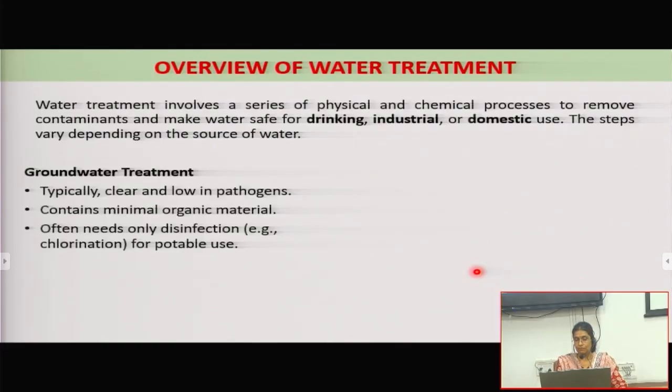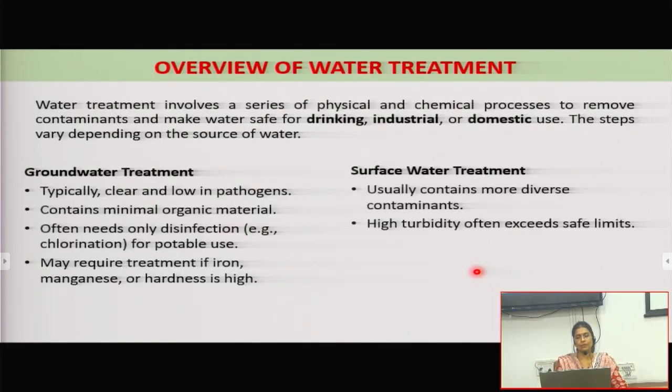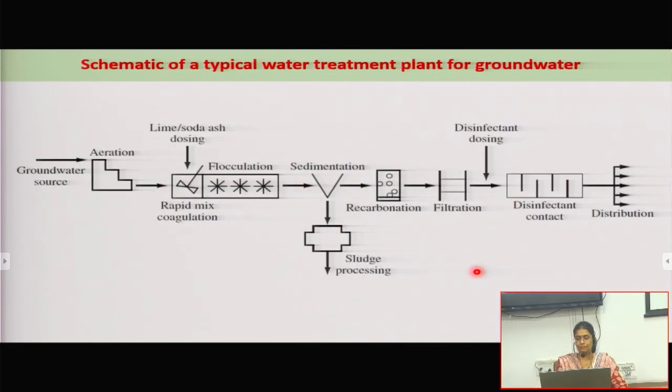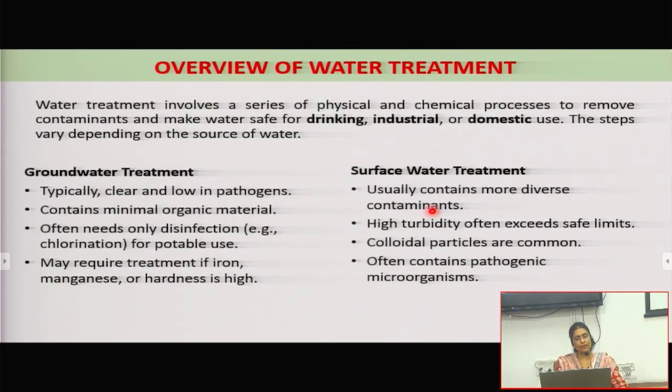The nature of water, if you see for both groundwater and surface water, is very different. If you carefully look here, groundwater typically has low pathogens when compared to a surface water stream, because it passes through a large terrain. In pathogens, I'm talking in a holistic view about the entire bacteria; I'm not yet into the ARBs.